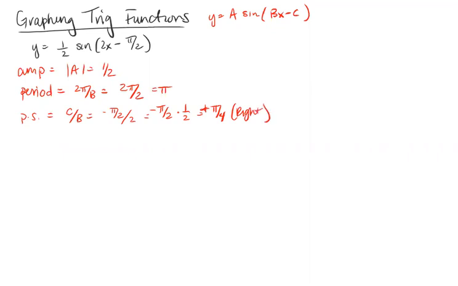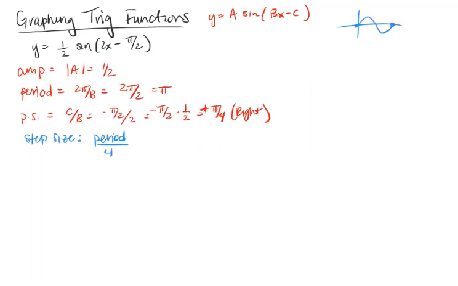Okay, so the next thing that we want to do is figure out what our step size is, what our key points are, and then remember what the shape is. So our step size is going to be the period divided by 4. And remember, this happens because sine looks like this.